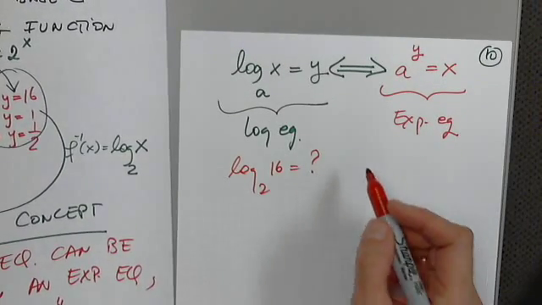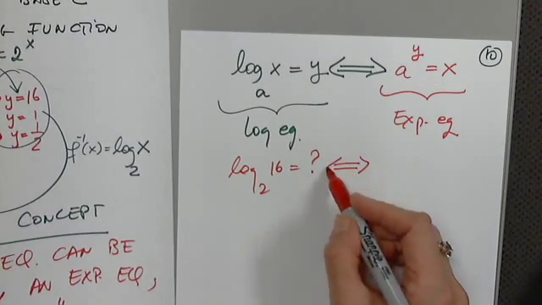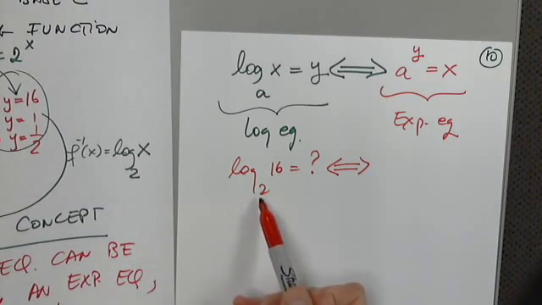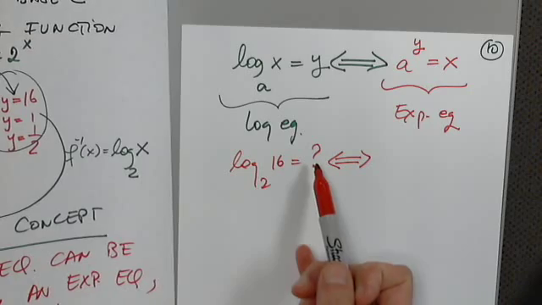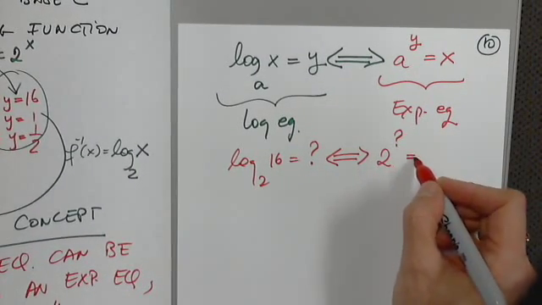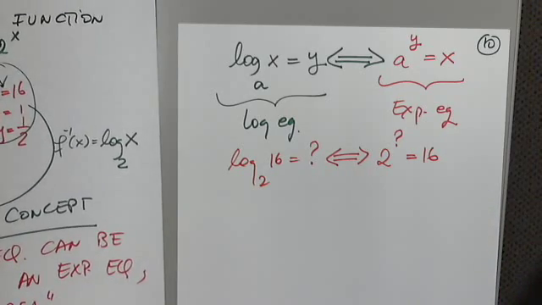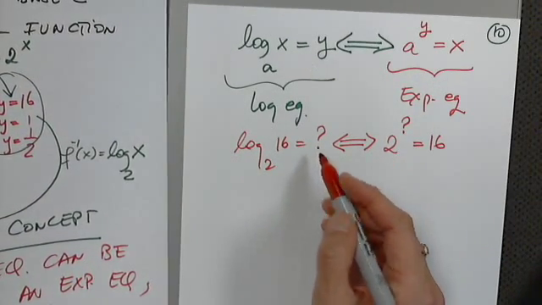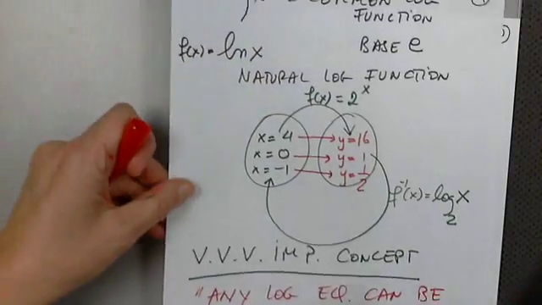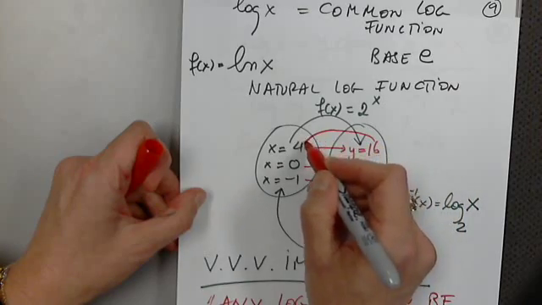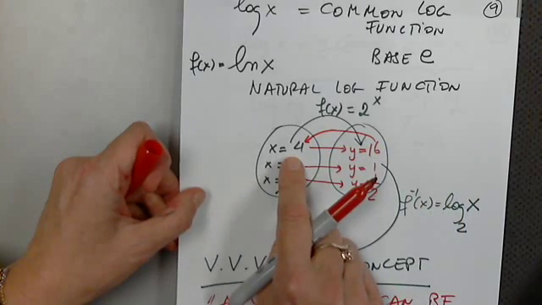I have no clue what it is, but I know that I can change this into an exponential equation. 2 raised to unknown equals 16. What is this number? There is only one number that works. It's 4. So we showed that when we apply log base 2 to 16, we get back 4.